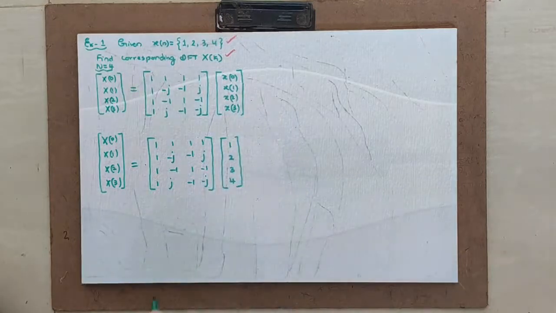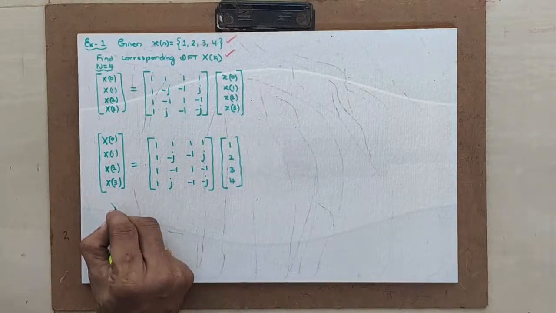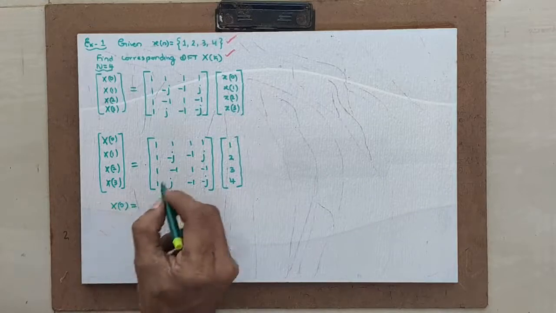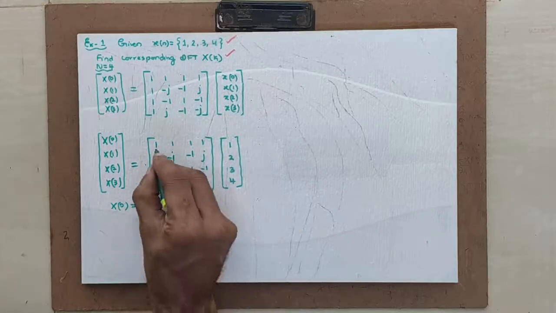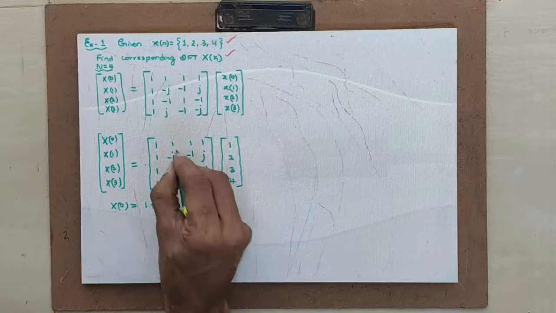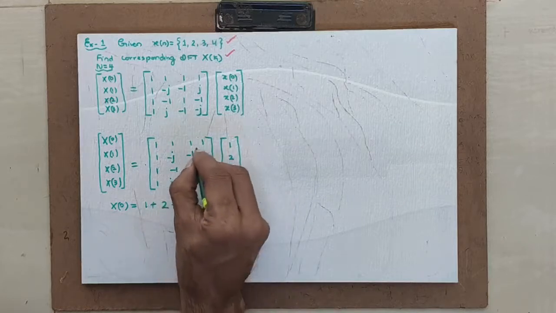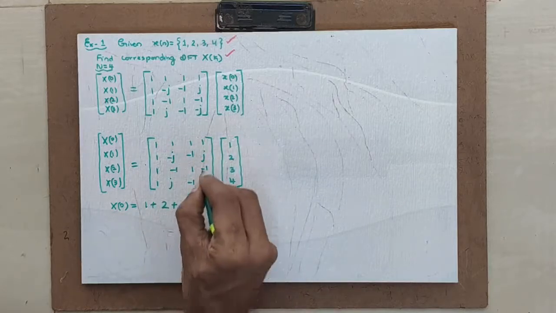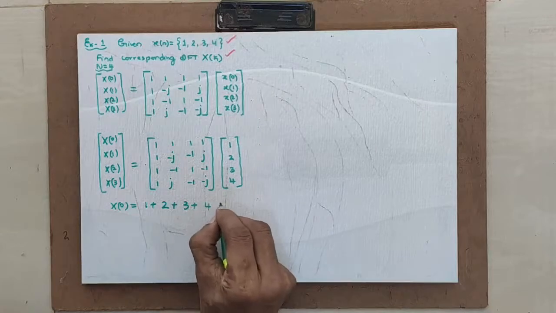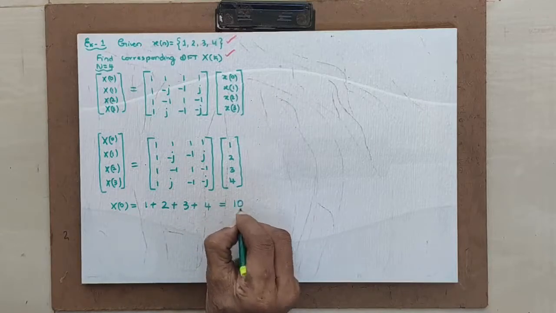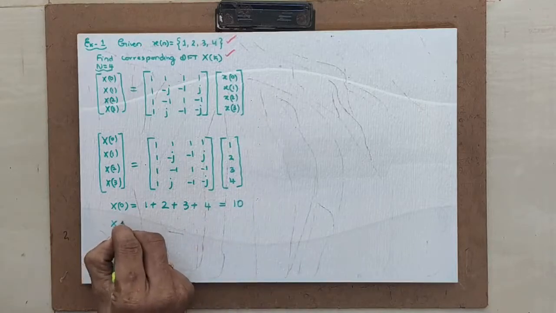Okay, now let me find X0. X0 is equal to first row, first column. 1 into 1, plus 1 into 2, plus 1 into 3, plus 1 into 4. The answer becomes 10.